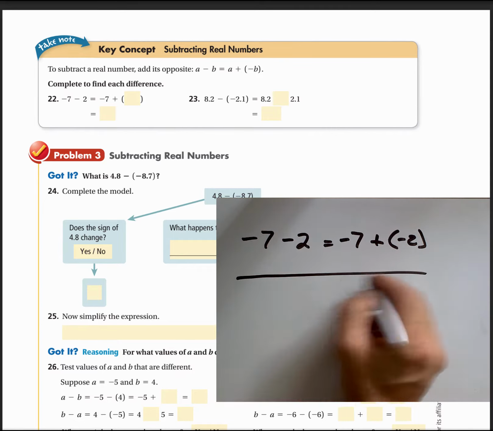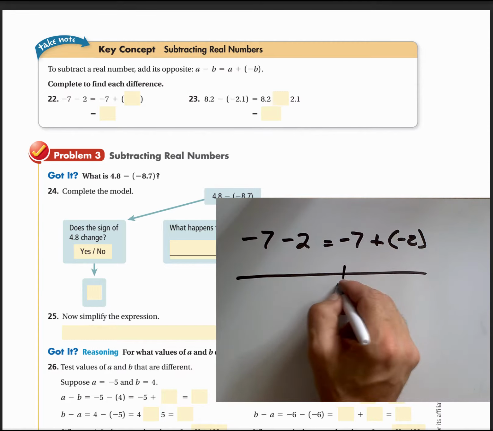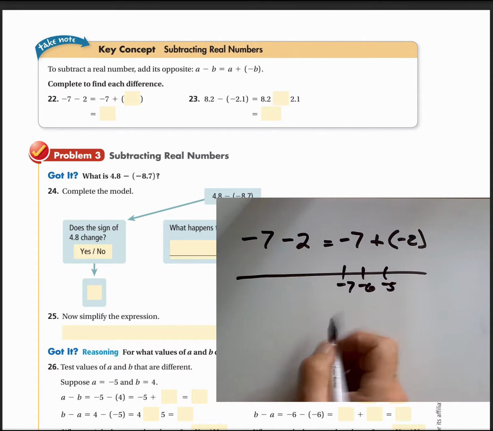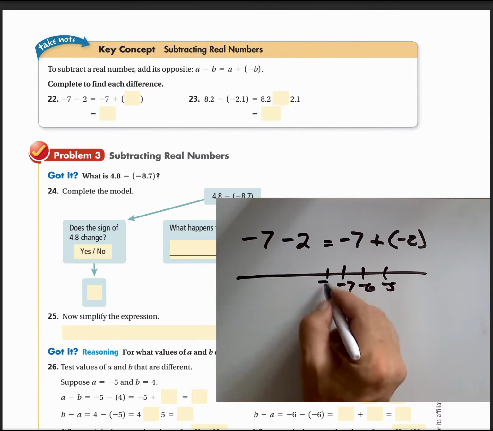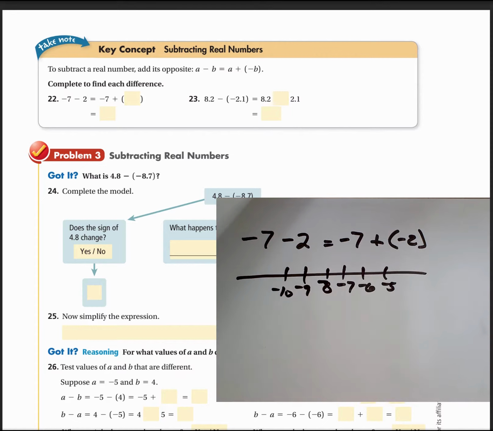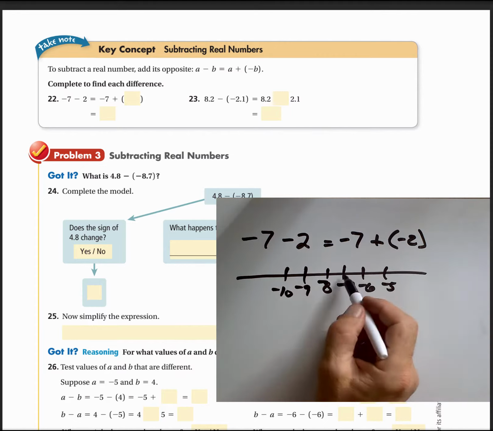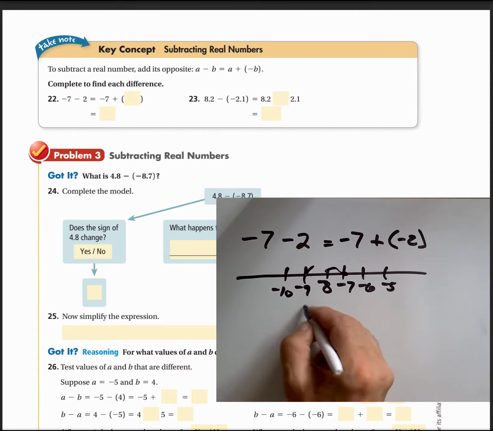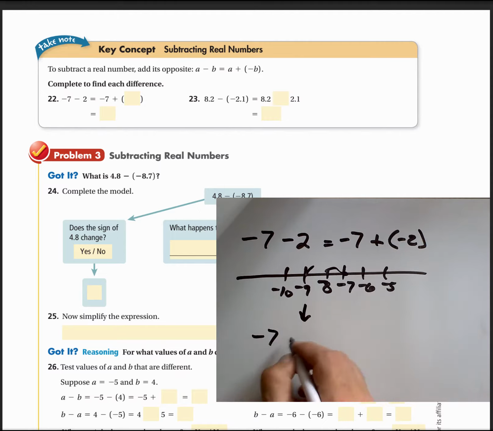Let's say I put my minus 7 here, minus 6 here, minus 5 here, and I go the other way, minus 8, minus 9, minus 10. If I start at minus 7 and go minus 2 more, where am I going to? A minus 9. So minus 7 minus 2 equals a minus 9.